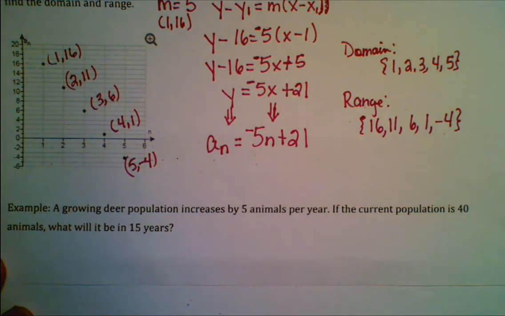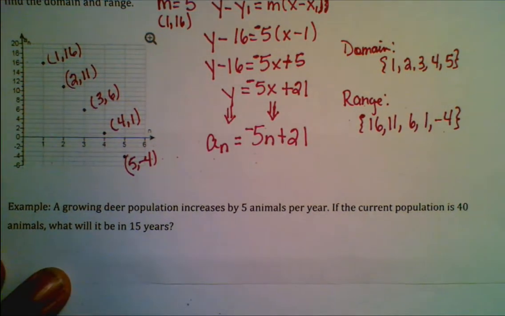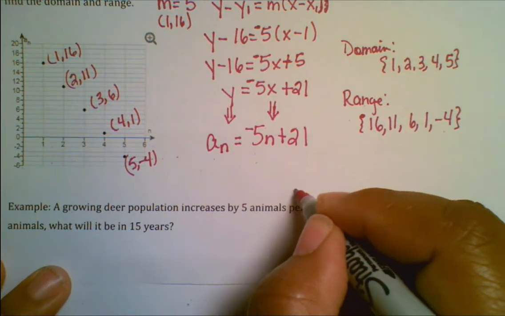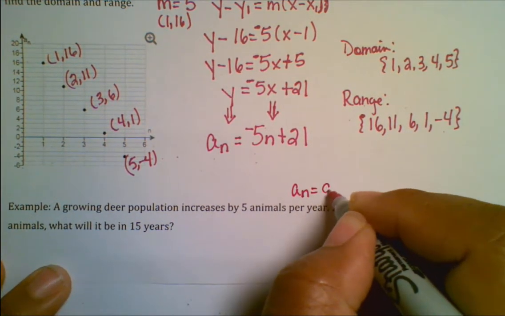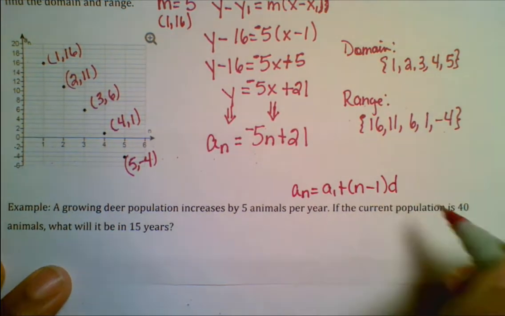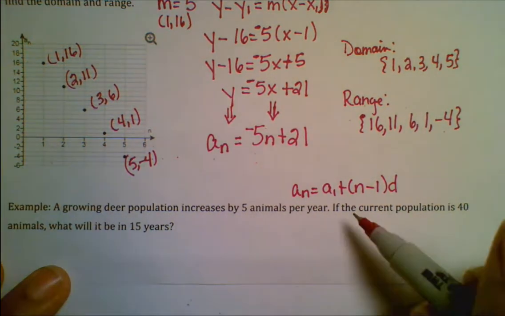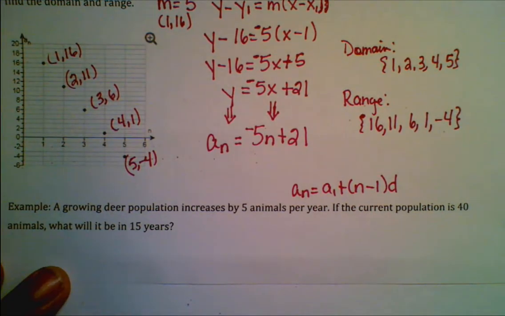All right, so we're going to use the arithmetic formula, which is a sub n is equal to a sub 1 plus n minus 1 times d. But we need to find a sub 1, n, and d. We need to find all of that.